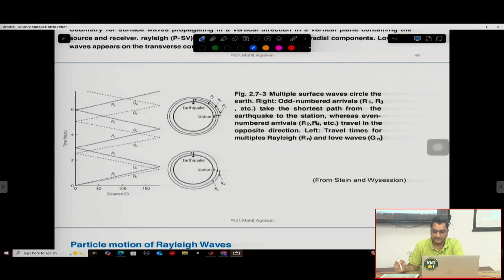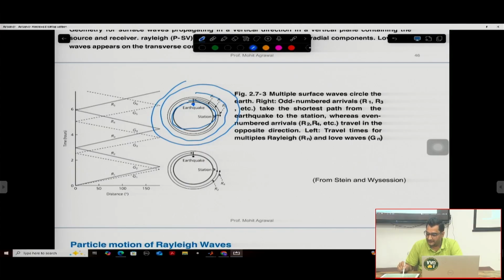So they can show the phenomenon of multiple surface waves. This is the globe, and on it you have this earthquake happening, and because of it the surface waves are generated and take rounds of the globe multiple times.